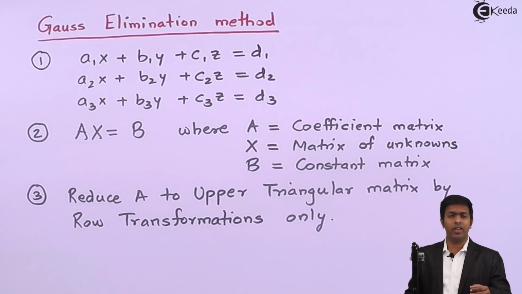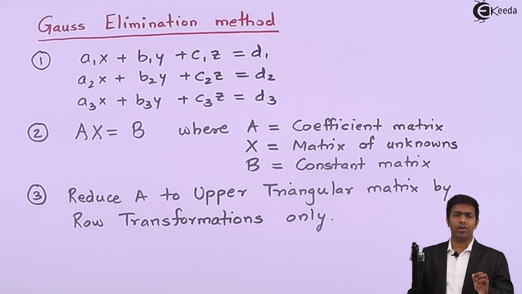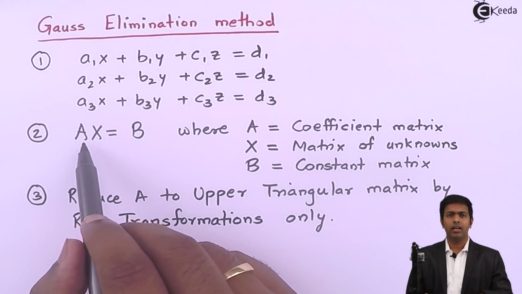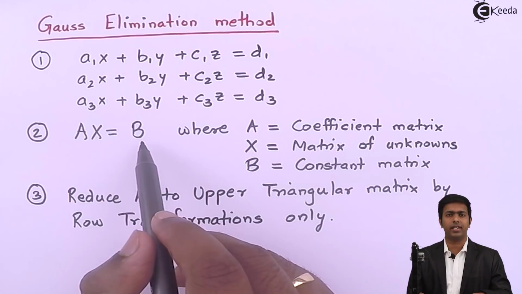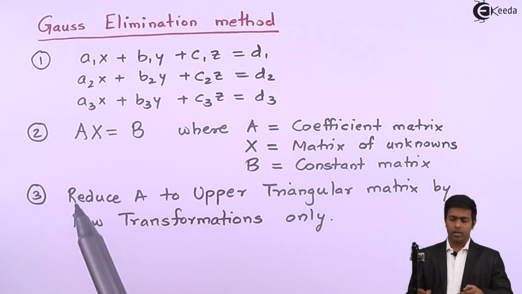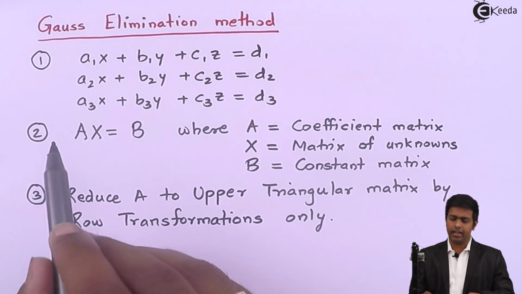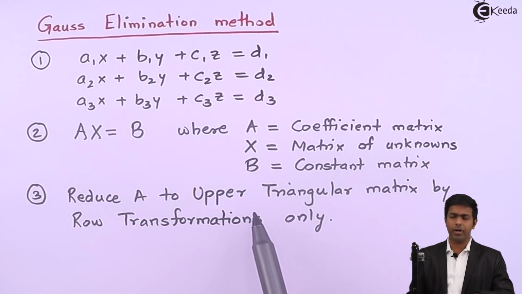Whenever we apply any row transformation on A, at the same time we apply the same row transformation on matrix B. After certain steps, A will get converted into an upper triangular matrix.